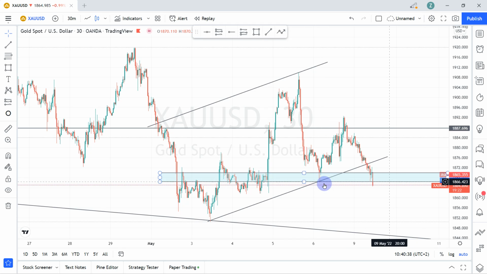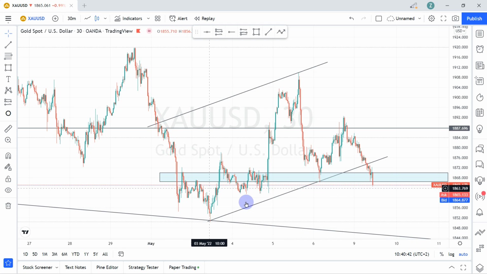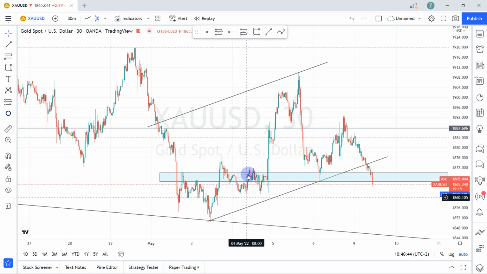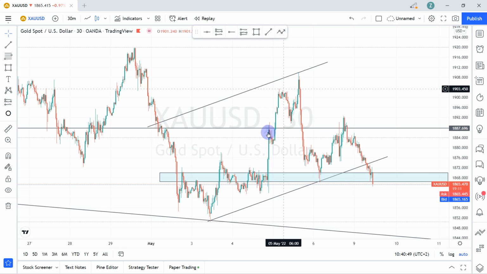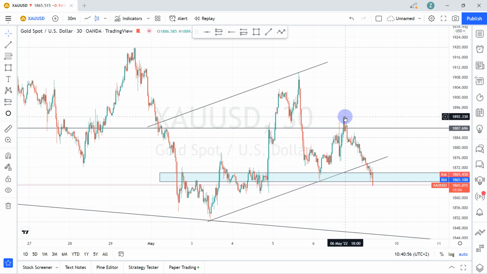As you can see, I catered for it. The market pushed to the downside, rejected here, and here, this is a small rejection to gain enough momentum to actually impulse, right? And also here it rejected via this inverse head and shoulders on gold.